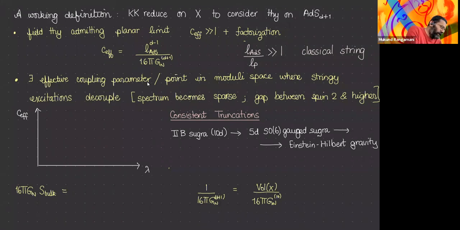So in this picture, I want to be up here, because somewhere down here are quantum strings. And that's my direction of classicality. If I want to talk about tree-level strings, I should be going up vertically in the C effective direction.